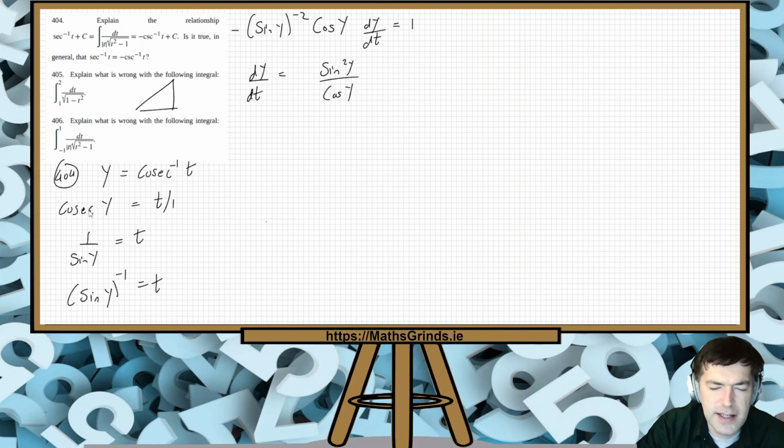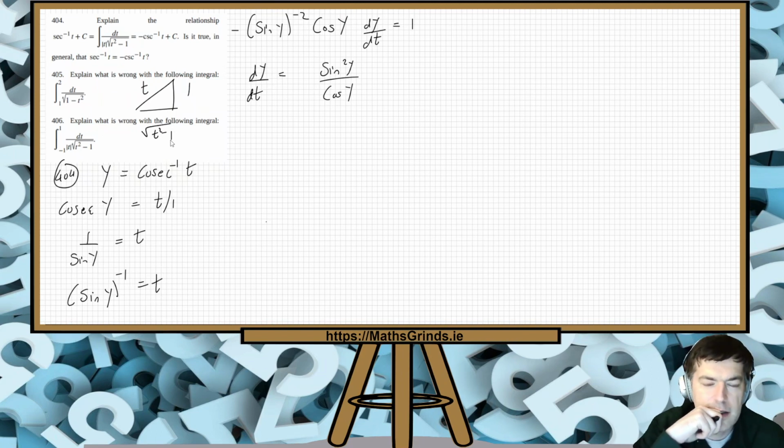Remember, cosec is hypotenuse over opposite. So that's t, and that's 1, and that would be root t squared minus 1. Cosec is 1 over sine, which is hypotenuse over opposite.